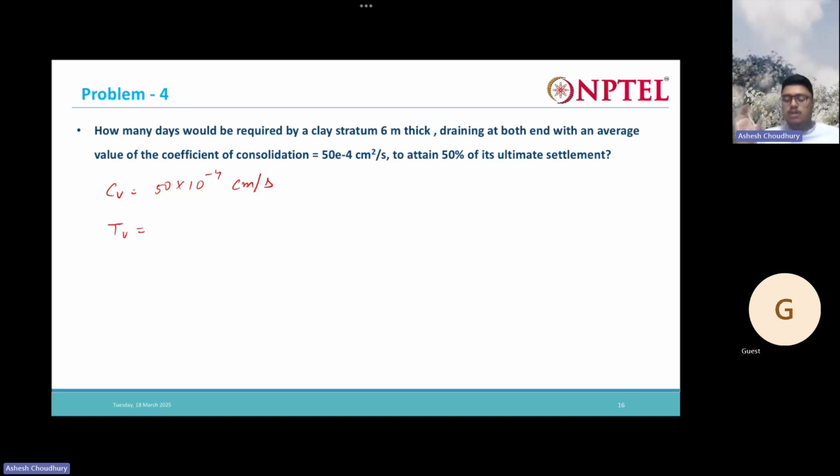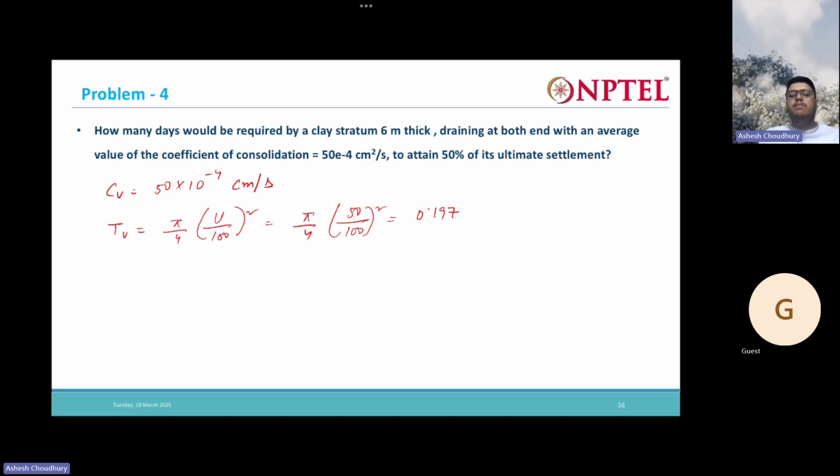If the degree of consolidation is between 0 to 60%, the time factor TV is nothing but pi by 4 times U by 100 squared. Now for 50% settlement, what is the time factor? It is 0.197. Okay, this is the value of the time factor for 50%.